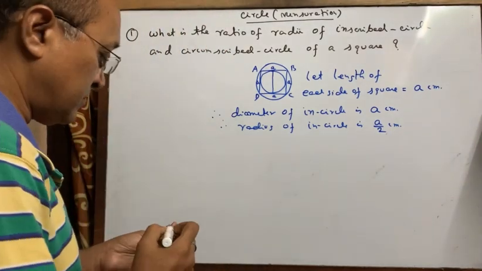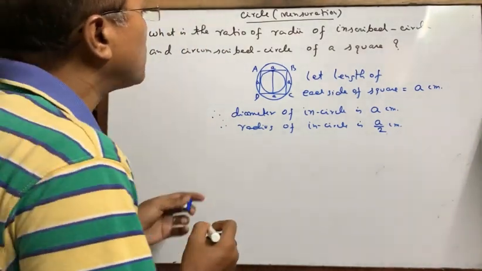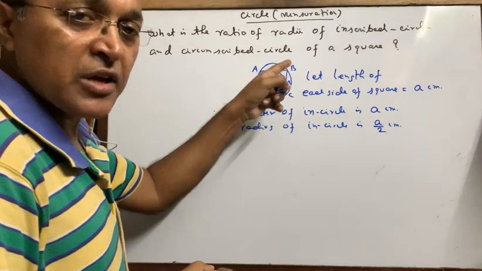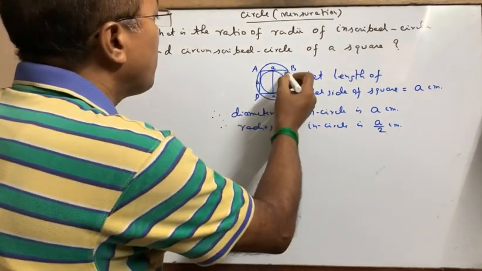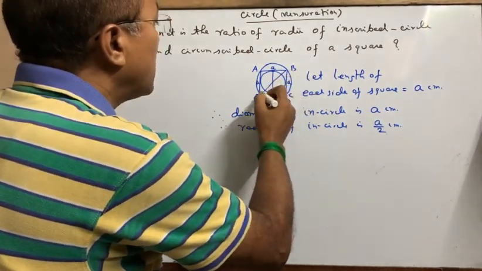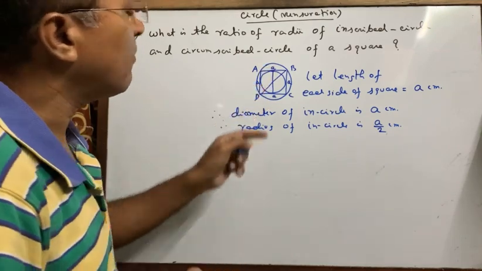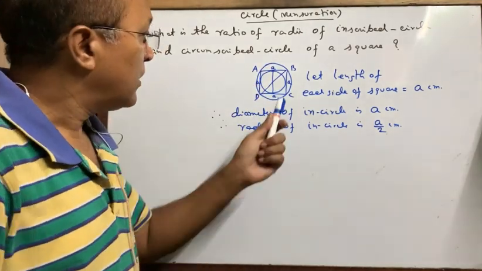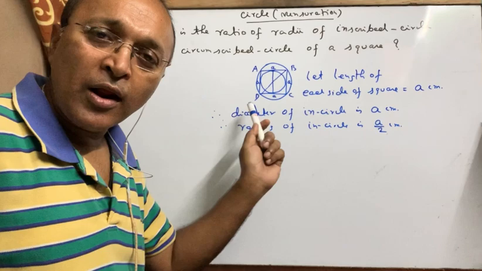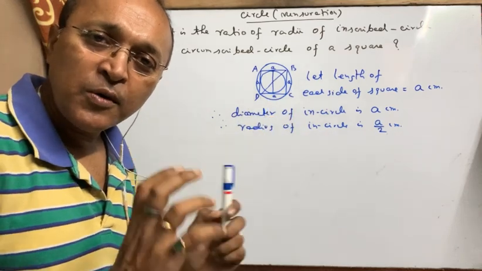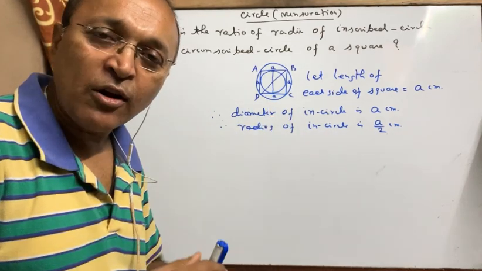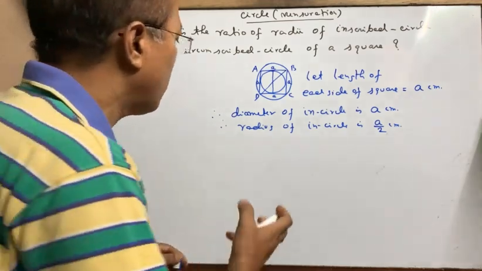Next, now think about the circumcircle. In case of the circumcircle, the diagonal of the square is equal to the diameter of the circumcircle.